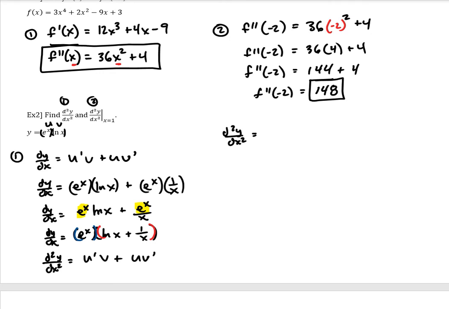So u prime, well, that's no big deal. e to the x has the derivative of e to the x. And then v is just that in the red, so the natural log of x plus 1 over x. And then we have plus u, which is e to the x. And then our v prime, the derivative of this in the red.